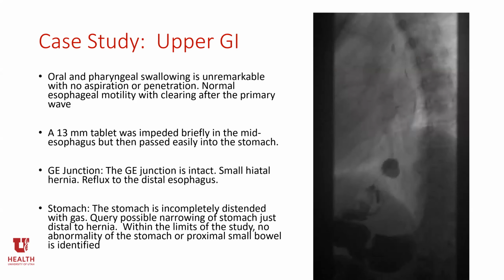So I got an upper GI, and you can see on the upper GI x-ray there, there's a recurrent hiatal hernia. The radiologist also commented that the tablets she swallowed hung up in the mid-esophagus for a couple of minutes before moving on down. And then also queries whether or not the sleeve is narrowed there as it traverses the hiatus, which is not something I had appreciated endoscopically.